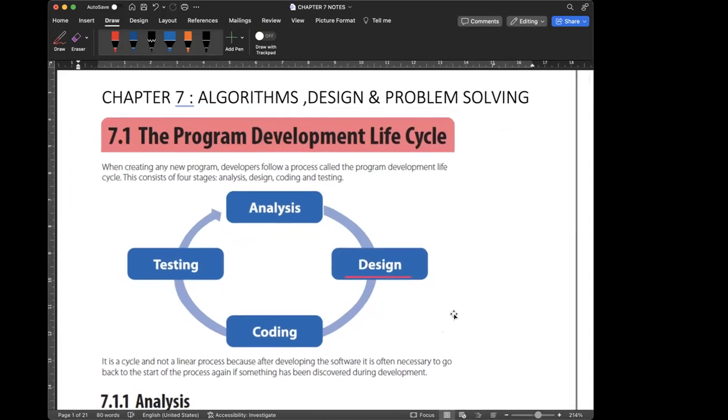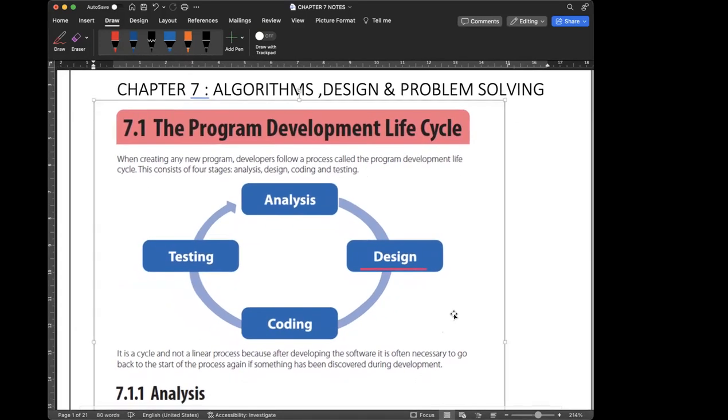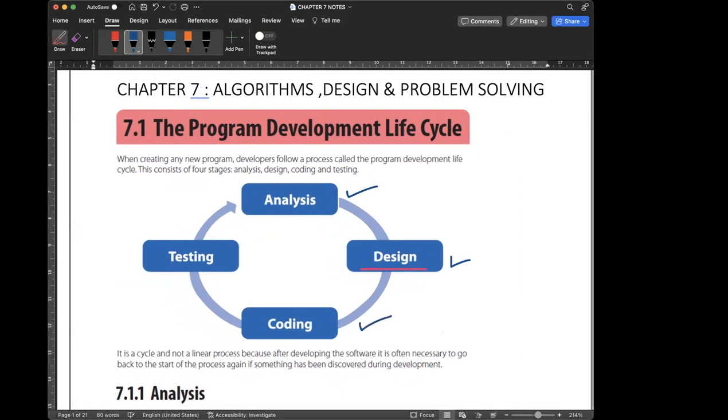Okay. So in my slide, you can see the program development life cycle phases. The first phase is analysis. The second phase is design. The third phase is to code the program. The fifth phase is testing.